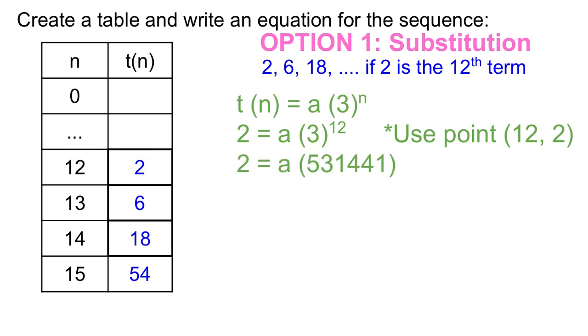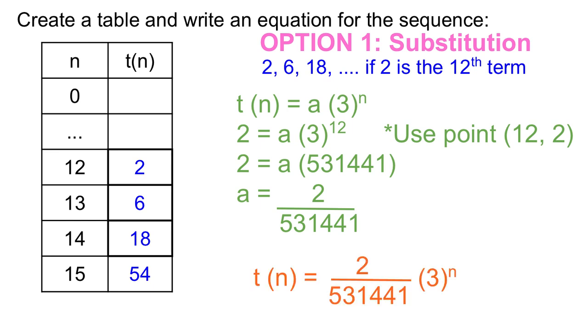I can just do that right on my calculator. And then finally, I'm going to solve for a. So to solve for a, you can see that I get this fraction, 2 over 531,441. I could take that and put it right into my equation.